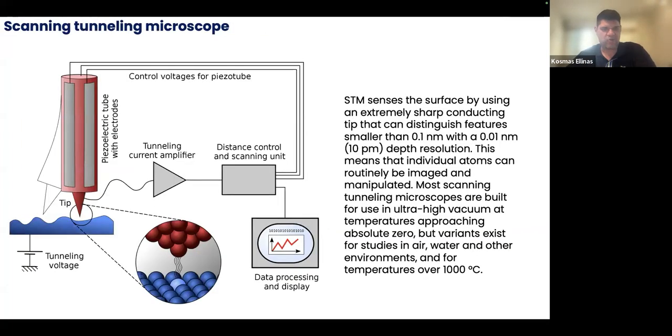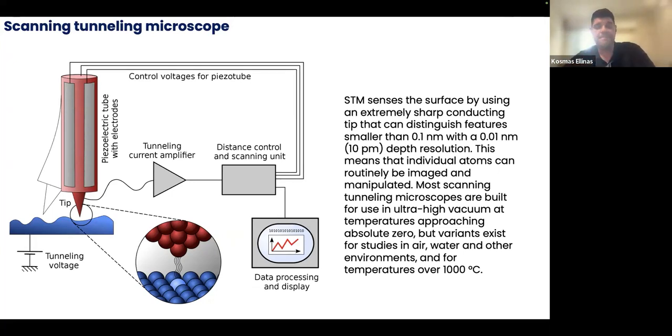Another type of microscopy is the scanning tunneling microscope, in which we had a tunneling voltage and a tip, and if the sample was conductive, we could see features smaller than 0.1 nanometer.